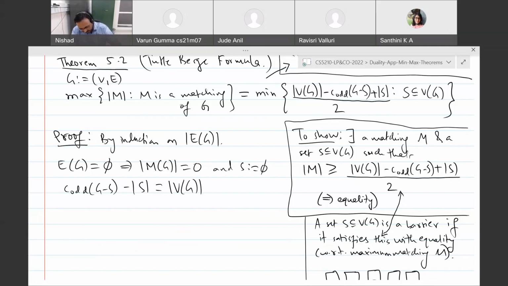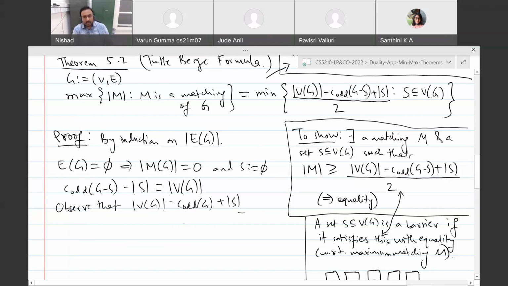And now observe that the right hand side, number of vertices minus the odd components plus cardinality of S, divided by 2, is exactly 0. Right?